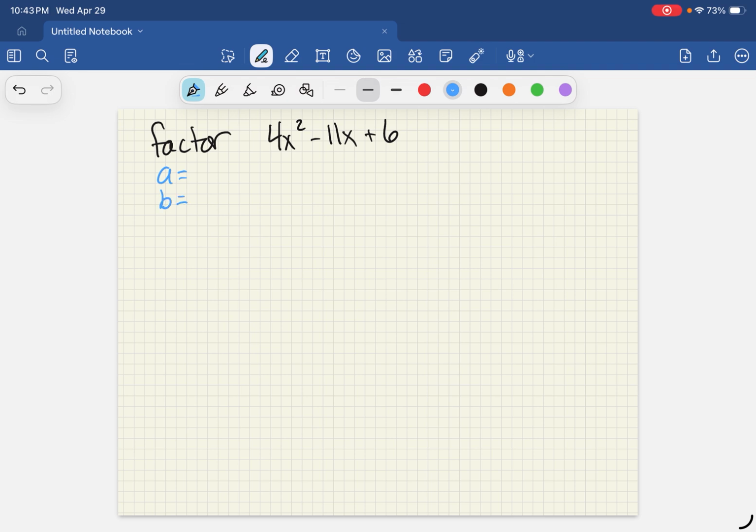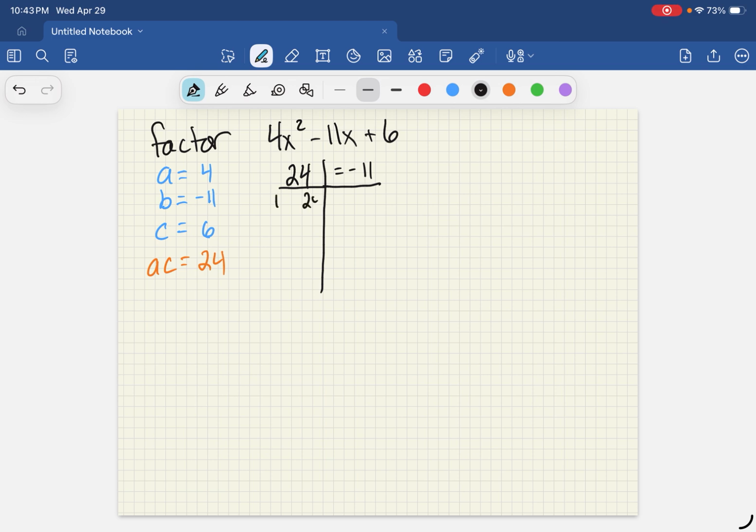Again, the first thing I'm going to do is write down my A, B, and C values. All right, AC is going to be 24. So I want all of the numbers that multiply together to give me 24, and I want to know what adds together to give me negative 11.